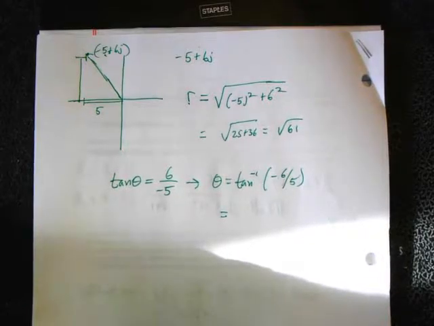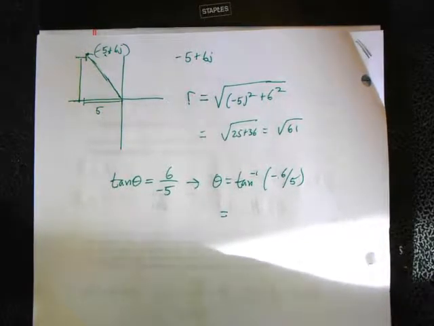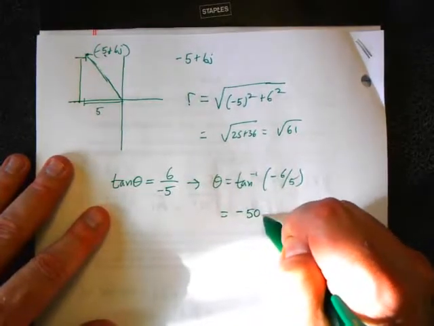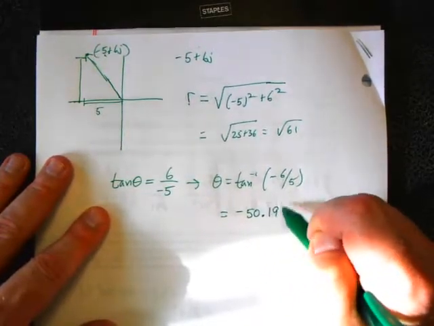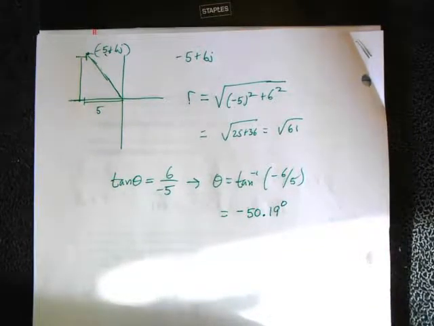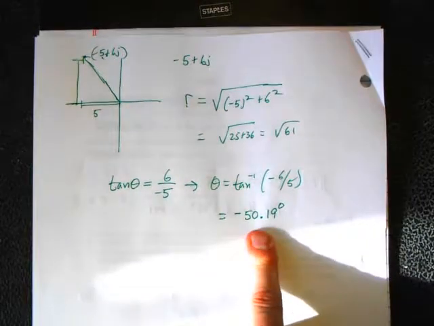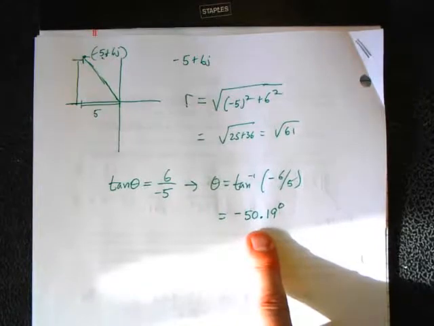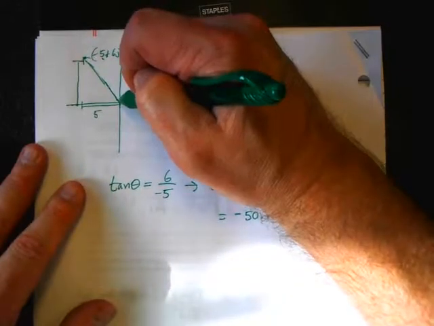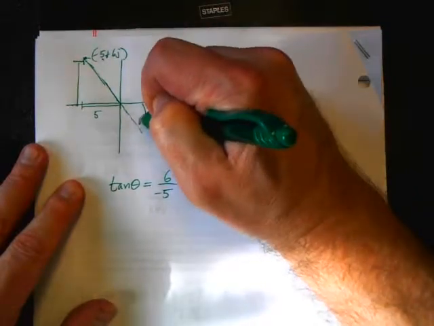I wanted that answer, because the calculator doesn't give you the right answer. The calculator gives you negative 50.19 degrees, and you need to recognize that that's not the right answer. Where is the angle negative 50.19 degrees? What they've really given you is that angle right there.